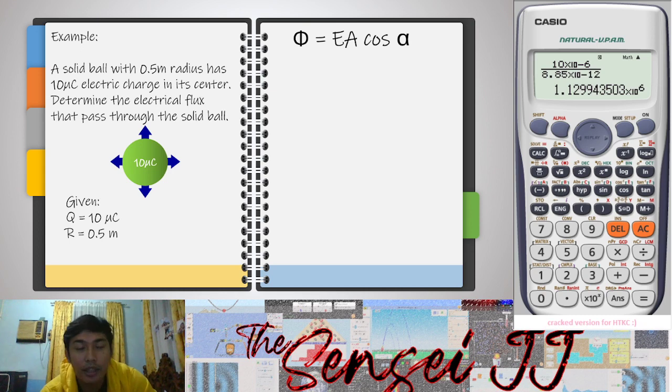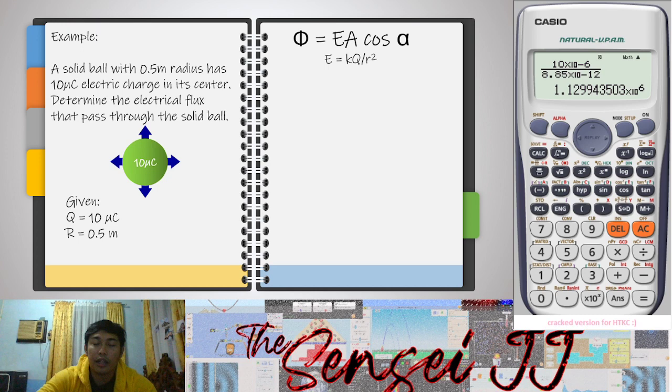So again, this is a solid ball. If it is a solid ball, anywhere it passes, it is perpendicular sa ating circle. Okay? So if it is perpendicular sa ating circle, we have here our cosine alpha of cosine 0. Okay, so makikita natin yan mamaya. First, we have here our E, electric field line. So wala tayong value.